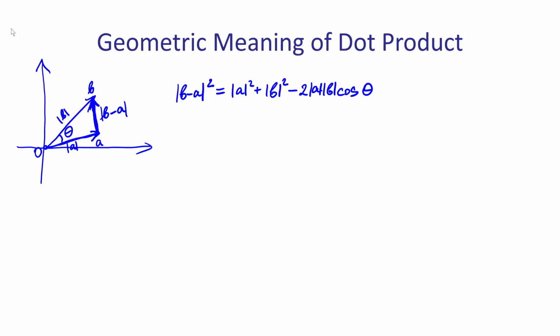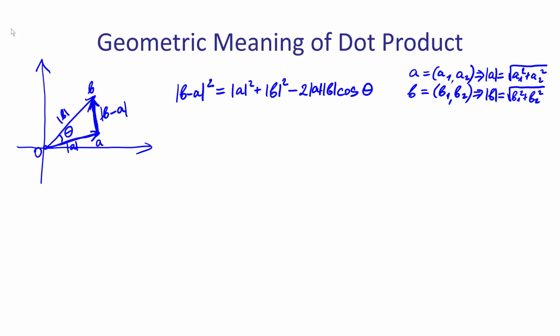We know that the coordinates of vector A are A1, A2, and the coordinates of vector B are B1, B2. This means that technically the size of A equals the square root of A1 squared plus A2 squared, and similarly here, from the Pythagorean theorem, the size of B is the square root of B1 squared plus B2 squared.